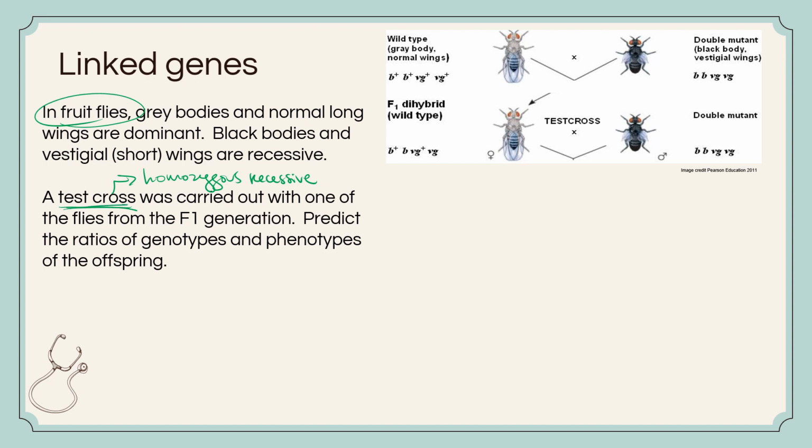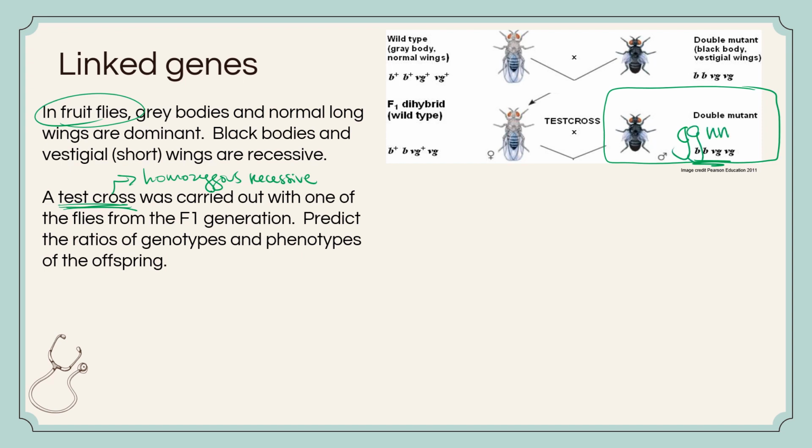So again, test cross, we're using all the recessive traits. That lets us see interesting things about the dominant traits popping up in the population. So one of the parents, the double mutant, homozygous recessive, with this notation, we're actually going to use the little g, little n.